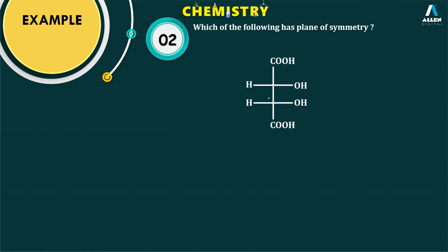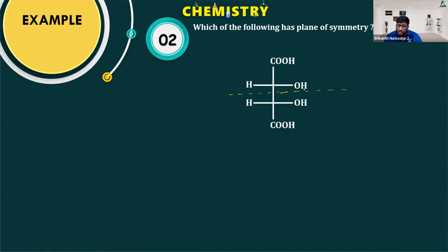Can I consider a plane like this? I can consider a plane like this, right? So these two OH, these two H, these two CHO, whatever groups I have on the horizontal line, they are towards us. And if I consider a plane like this, that is exactly dividing into two parts. So a plane of symmetry is actually present.